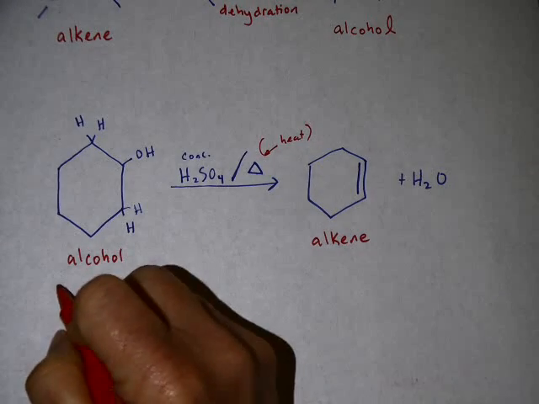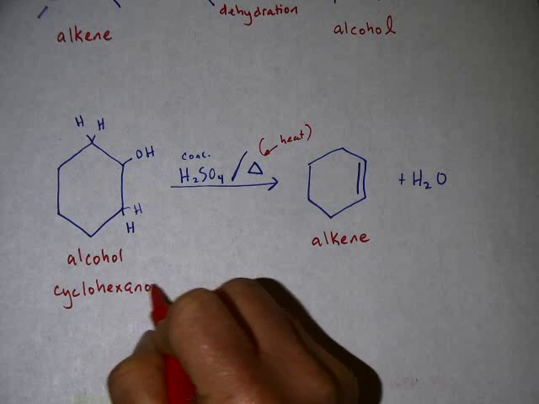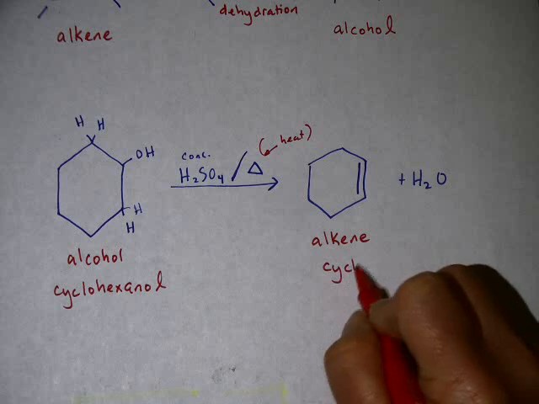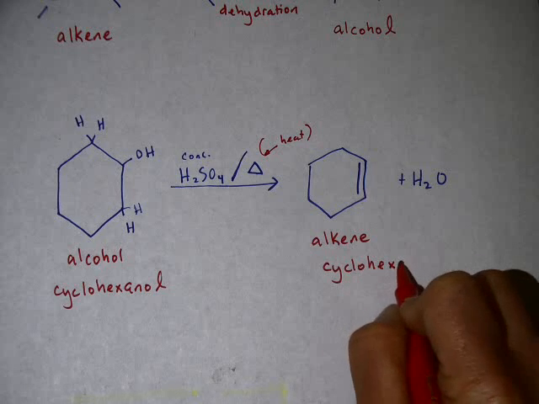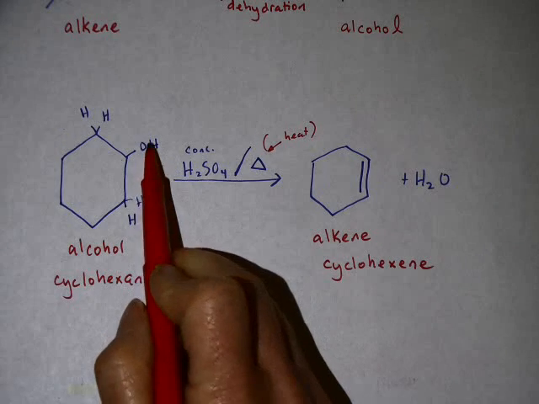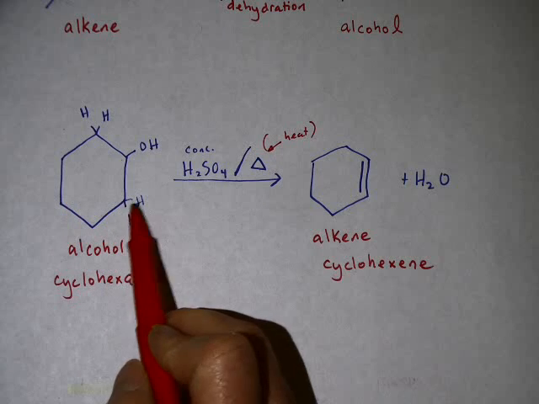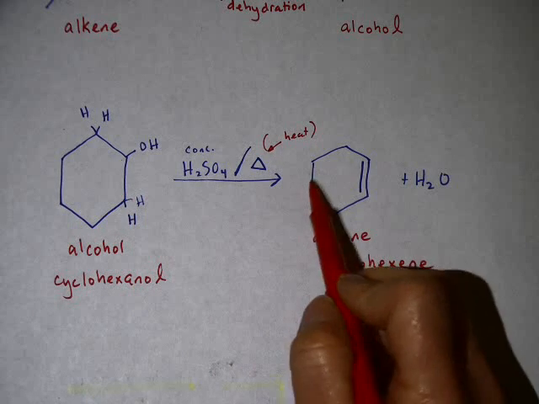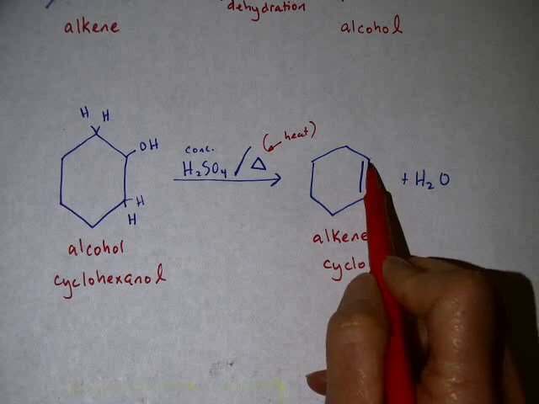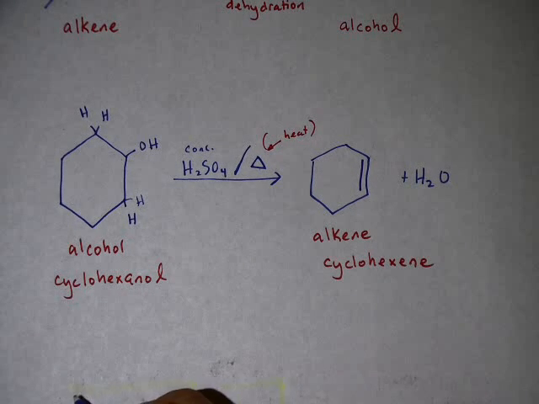And the name of this is cyclohexanol and cyclohexene. It should also make sense to you that I cannot remove this OH with an H over here. The hydrogen has to be on a next door carbon because a double bond has to be in between next door carbons.